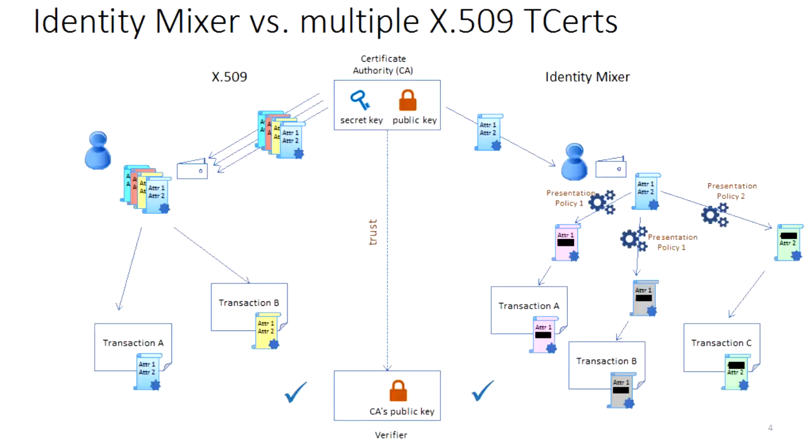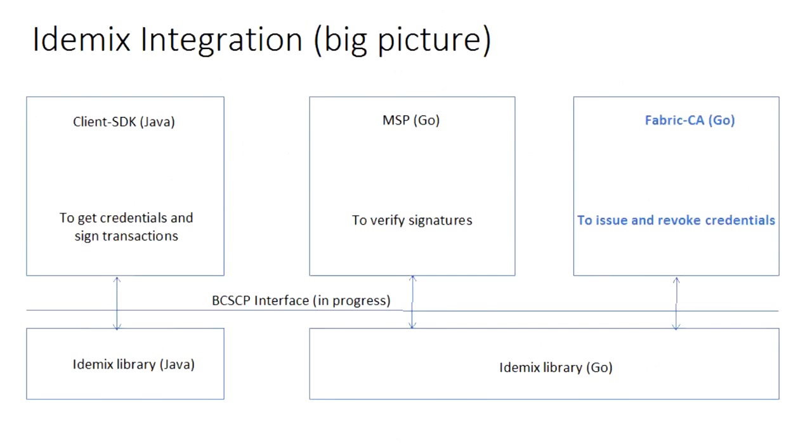If you go to the next slide. This is an overview of the effort to integrate Idemix in Fabric. We have two libraries right now in Go, used by MSP and by Fabric CA, or already being used, because we have some implementation. Anil has already implemented a few things.